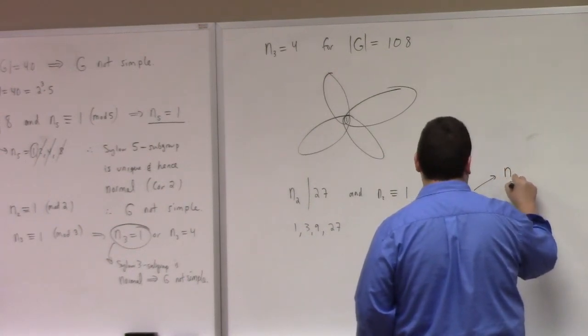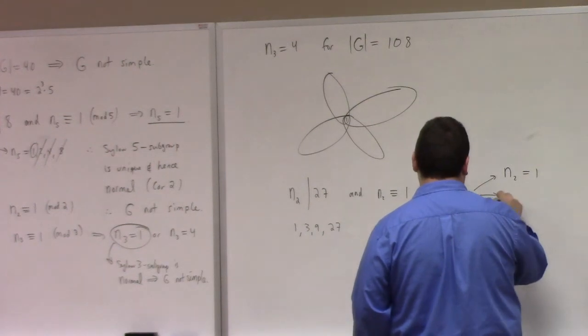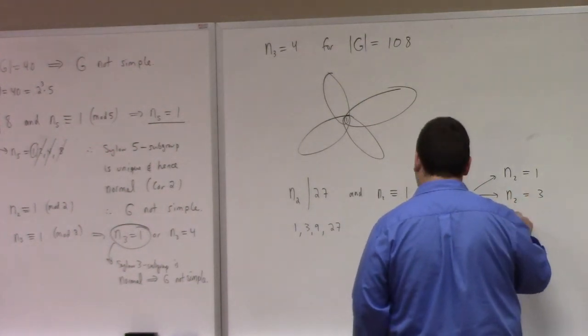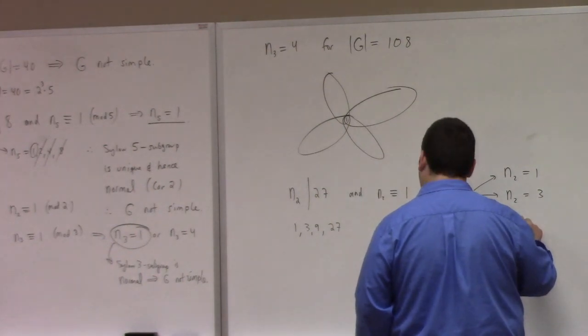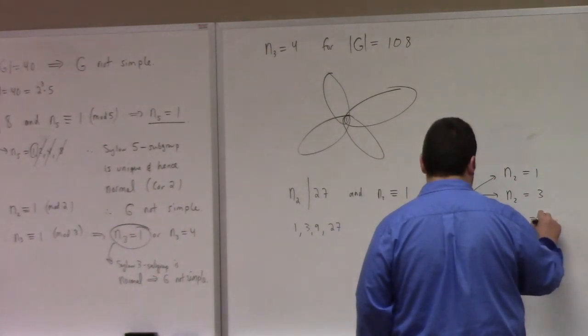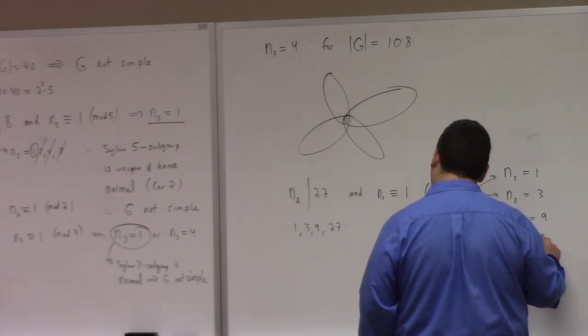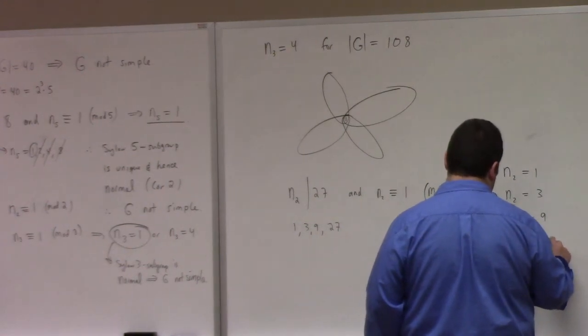So we can either have N2 as 1. We can have the number of Sylow 2 subgroups as 3. We can have the number of Sylow 2 subgroups is 9. We can have the number of Sylow 2 subgroups is 27.